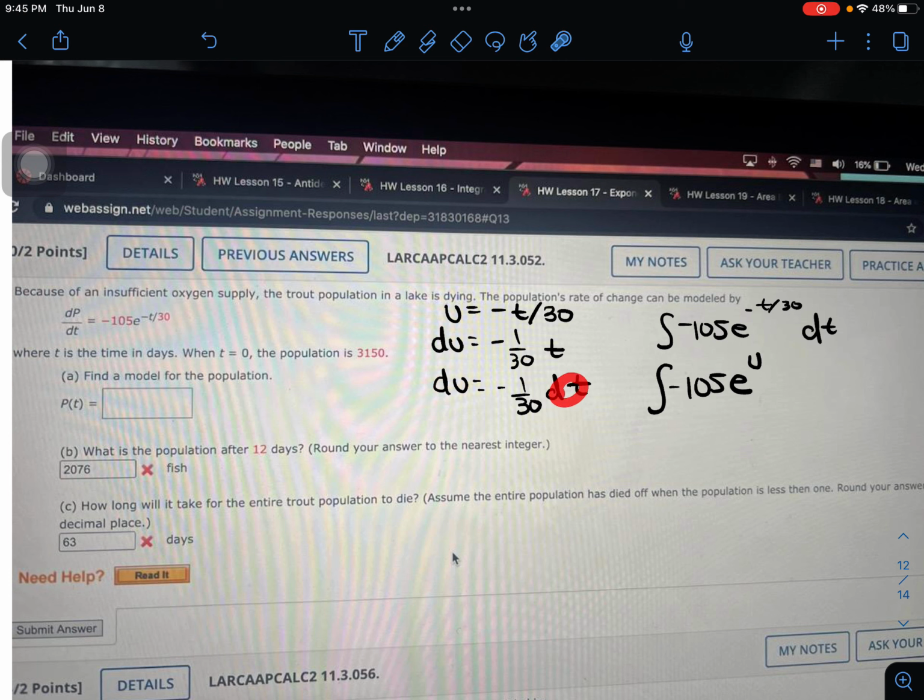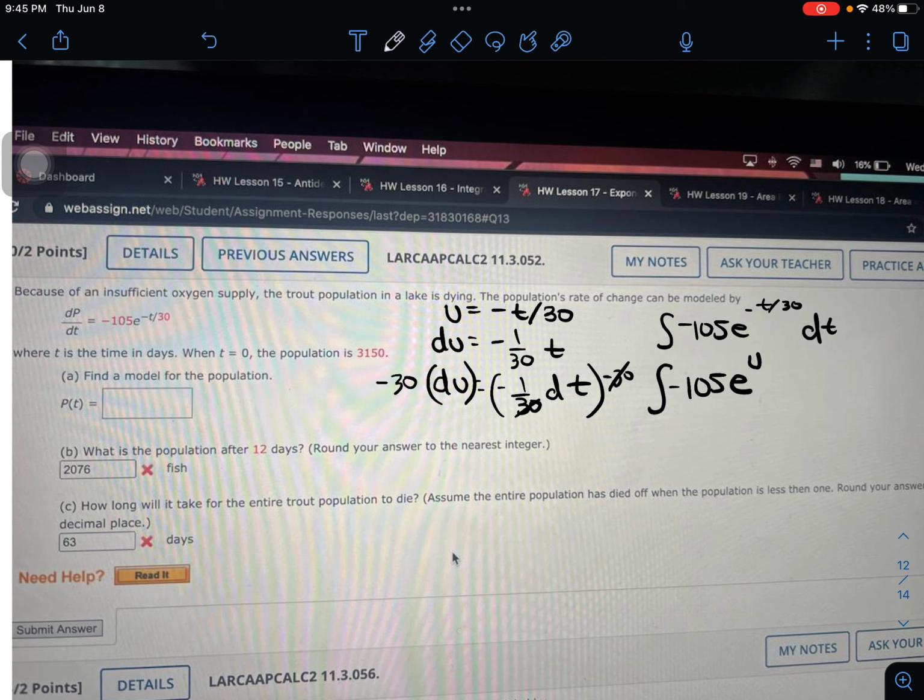Well, I can actually solve for dt. To get rid of the negative 1 over 30, I'm going to multiply both sides by a negative 30. Negative times a negative is a positive. That 30 cancels out that 30. And I'm going to multiply this by negative 30.